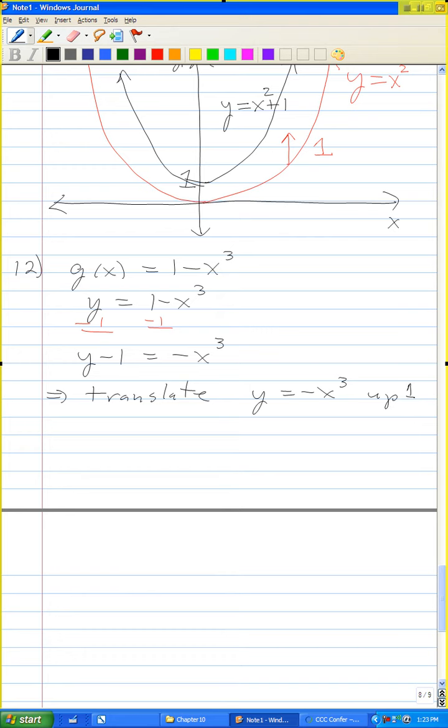Next, I have y equals negative x cubed. So let me multiply both sides of my equation by negative 1. And so I get negative y equals x cubed. Oh, so that's a reflection.